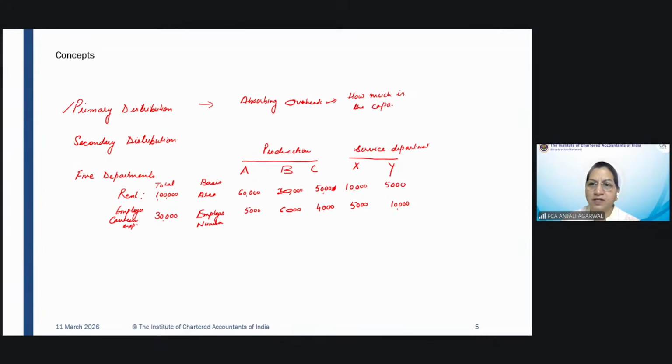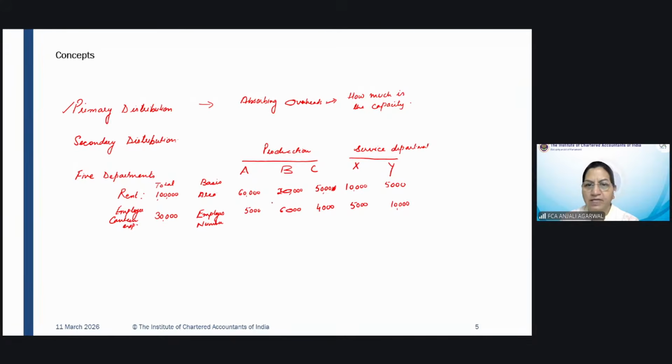If there is a research and development department, that department does not have the capacity to absorb overheads because it will not be able to generate revenue. Sometimes we have a new product and we know that there is a long gestation period. It will not be productive or profitable for a number of years initially. So maybe initially we will not charge overheads to that.